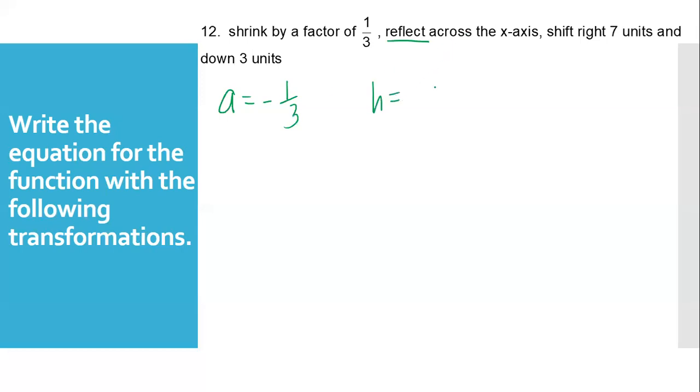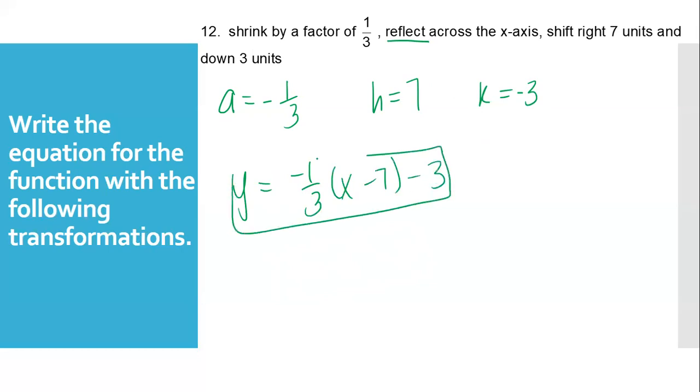Our H equals 7, good. And our K equals, perfect. Oh, I forgot my negative, thank you. So y equals negative 1/3 x minus 7 squared minus 3. Not terrible, right?